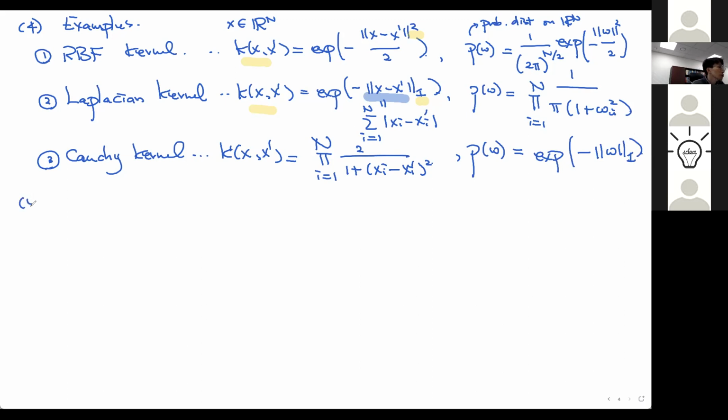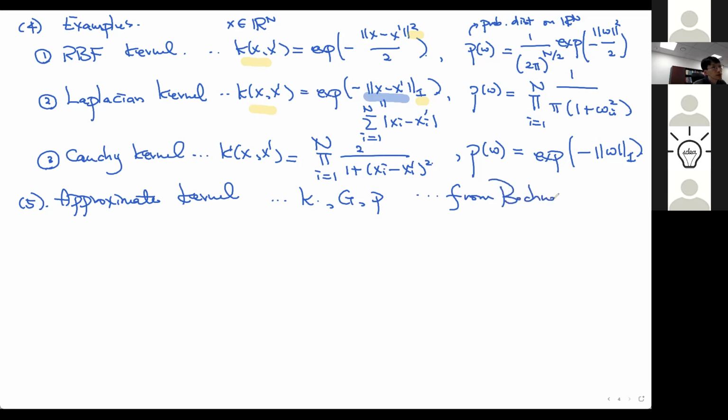Now the question becomes how we can use that result to design an approximate kernel. Here's a way to do it. Suppose we have K, G, and P from Fourier's theorem. The design of the approximate kernel is exactly what I told you before.